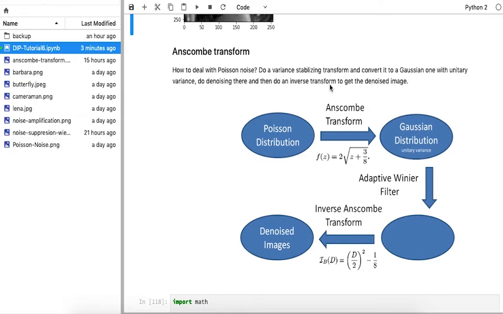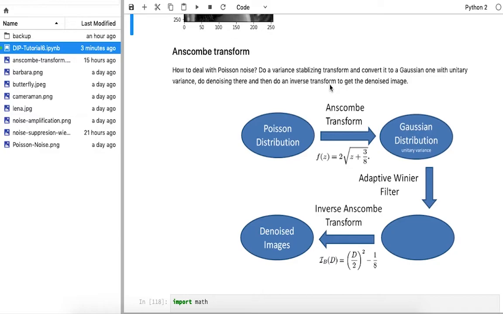This Anscombe transform is a variance stabilizing transform. There are many such heuristic methods, but one of them is Anscombe. It's also famous. Until 2012, any method which proposed to do Poisson denoising basically did the same thing. They take your original image and convert it into some transform domain.